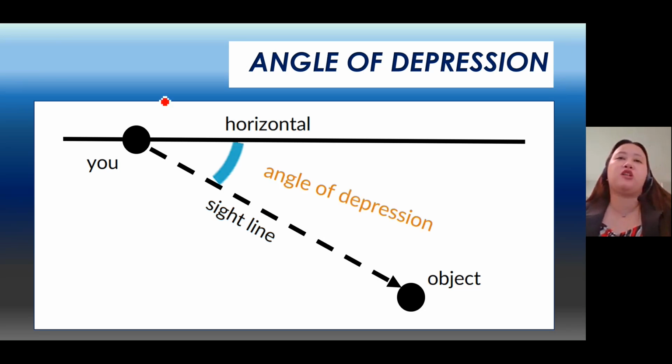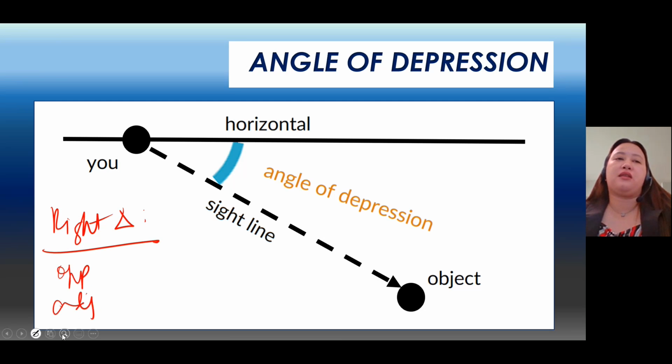Again, remember your aim is to come up with the right triangle, with the opposite, adjacent, and hypotenuse. So first, complete the right triangle: from the object, draw a perpendicular, vertical line towards the horizontal so that you form the right angle. Therefore, you have a right triangle.